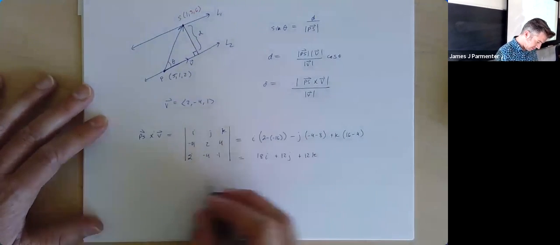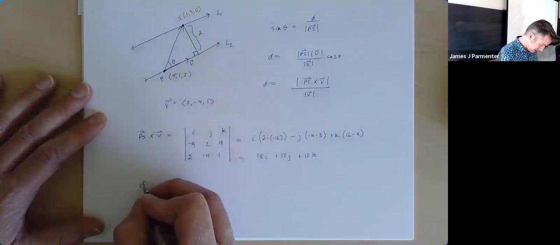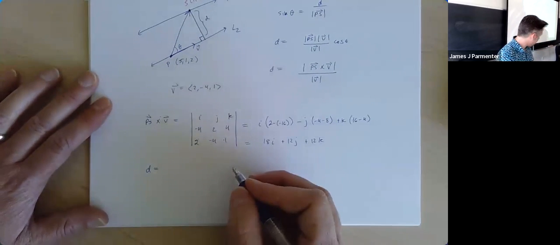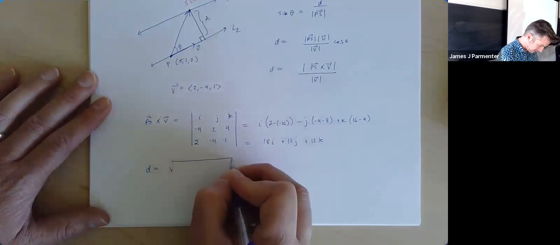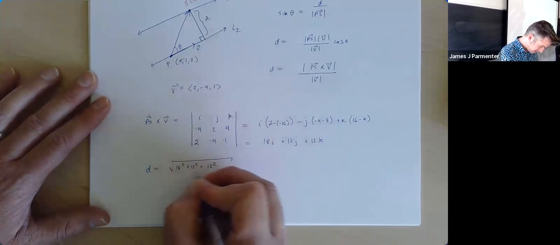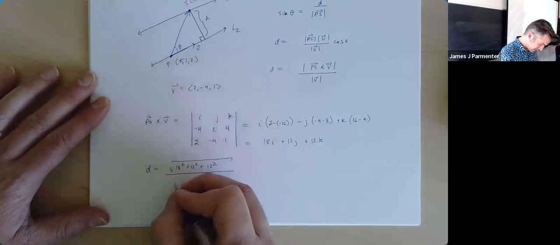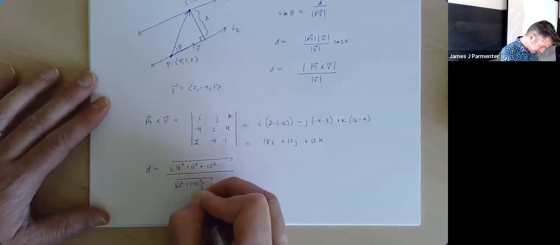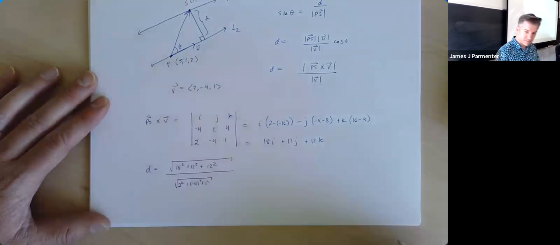So then calculating D is going to be the magnitude of that. It's going to be the square root of 18 squared plus 12 squared plus 12 squared, divided by the magnitude of V, which is the square root of 2 squared plus -4 squared plus 1 squared.